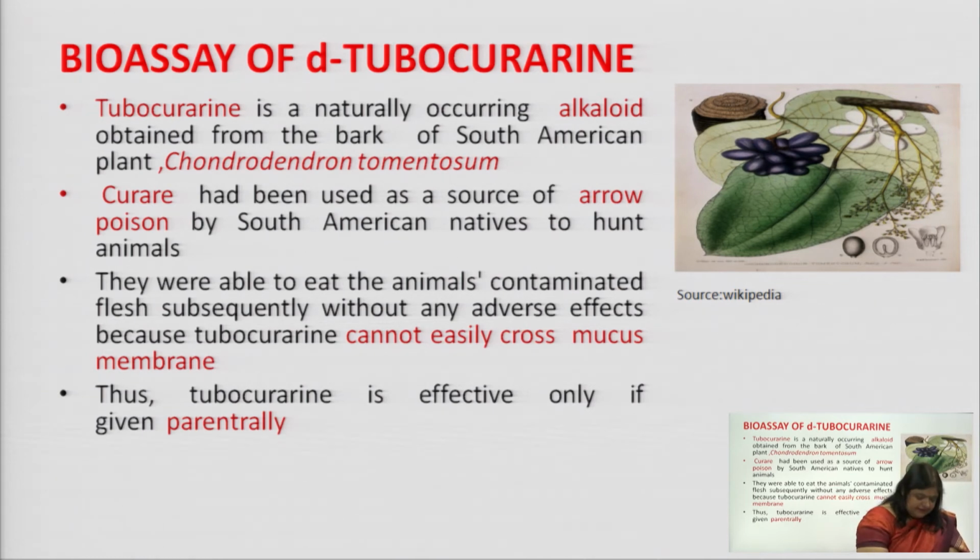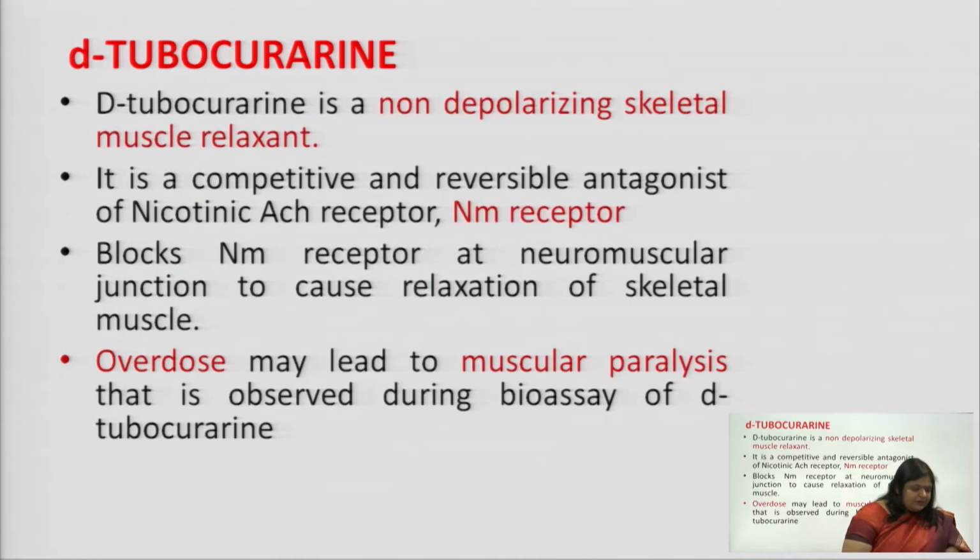infected with this curare. Now this D-tubocurarine is a non-depolarizing skeletal muscle relaxant. It is a competitive and reversible antagonist of nicotinic acetylcholine receptors, and we call them NM receptors. This blocks NM receptors at the neuromuscular junction and causes relaxation of the skeletal muscle.